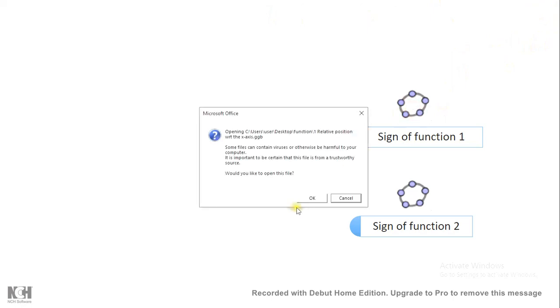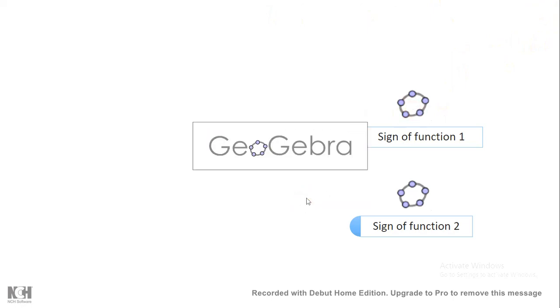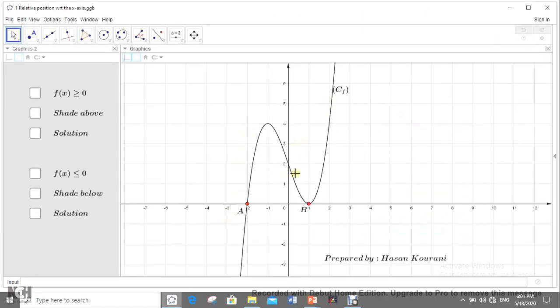Let's understand this by this GeoGebra activity in the example 1 or function 1. Let's consider this curve of a certain function f. To study the sign of this function, we have to look where it is positive and where it is negative.